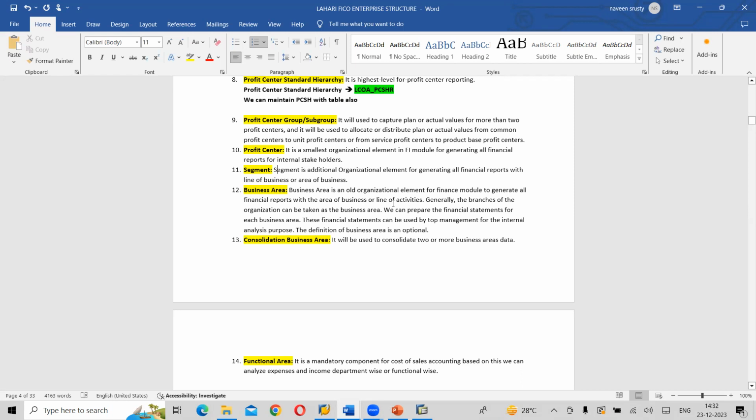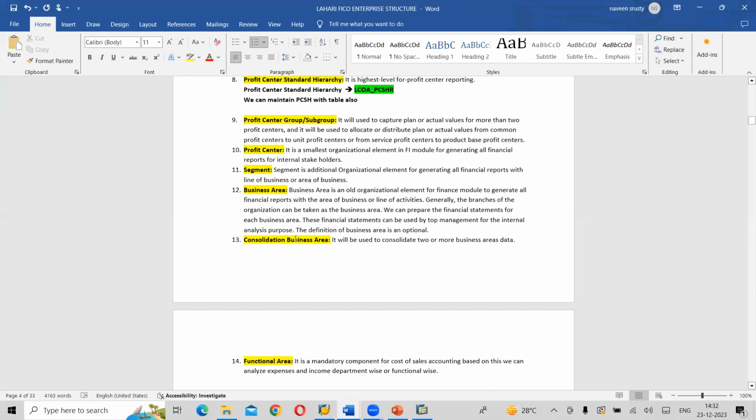So for line of activities, we are going to take segment, and for area of business, we are going to take business area. Clear? So generally the branches of the organization can be taken as a business area. We can prepare the financial statement for each branch, each business area. The financial statement can be used by the top management for internal analysis purposes. So we know that, very good.